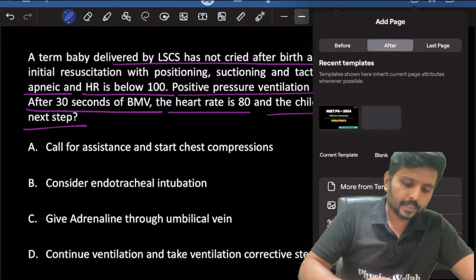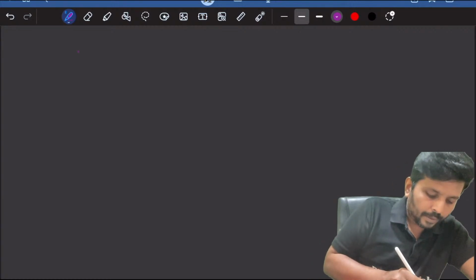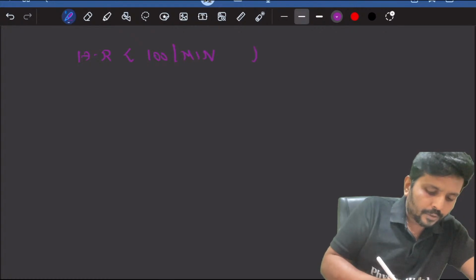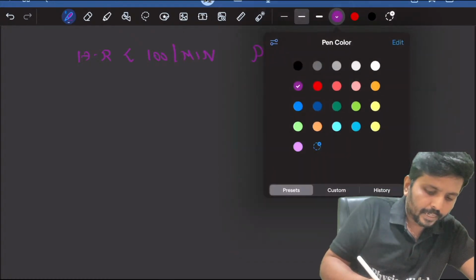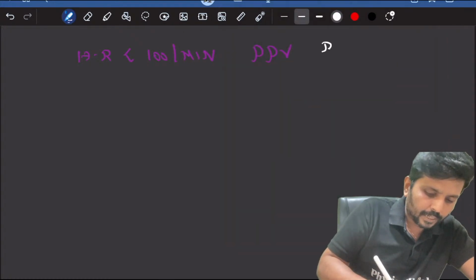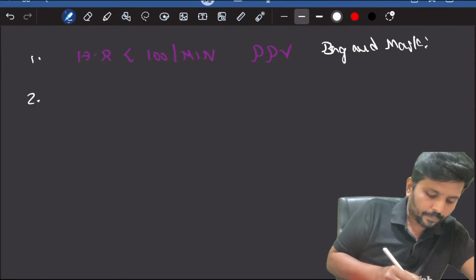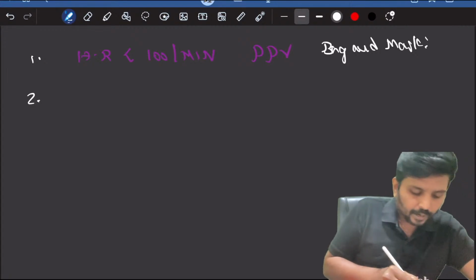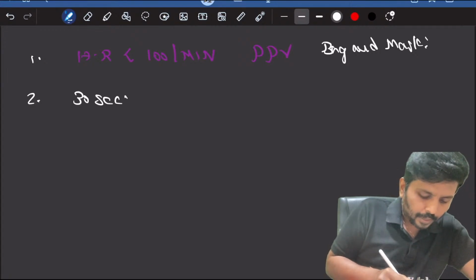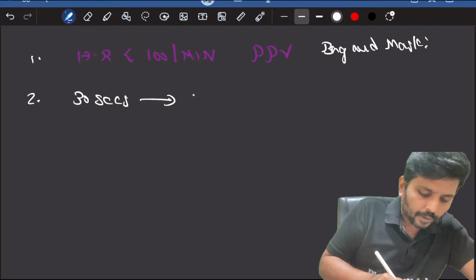So let us explain. Whenever your heart rate is less than 100 per minute, you need to start positive pressure ventilation, otherwise known as bag and mask ventilation. You need to do it for a minimum of 30 seconds, and check whether your heart rate is increasing or not.